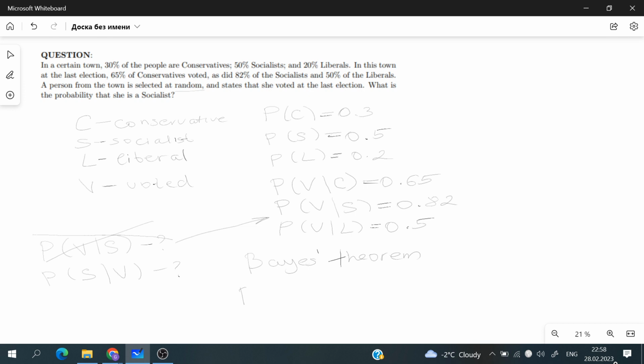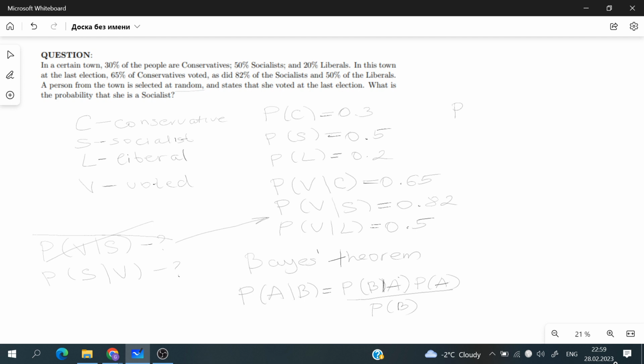And now, in order to solve this problem, we need to use Bayes' theorem, which states that probability of A given that B equals probability of B given A times probability of A divided by probability of B. So how can we use this in our problem?